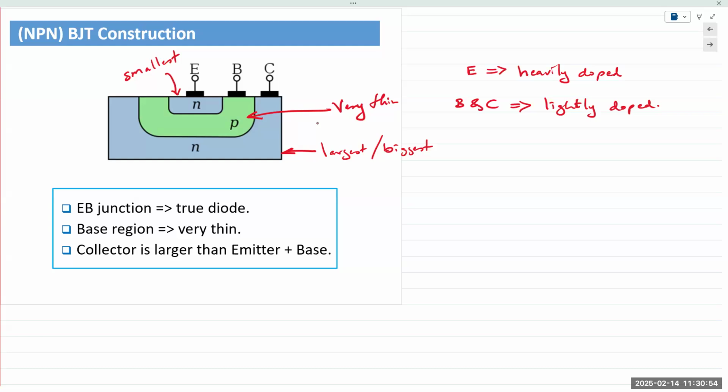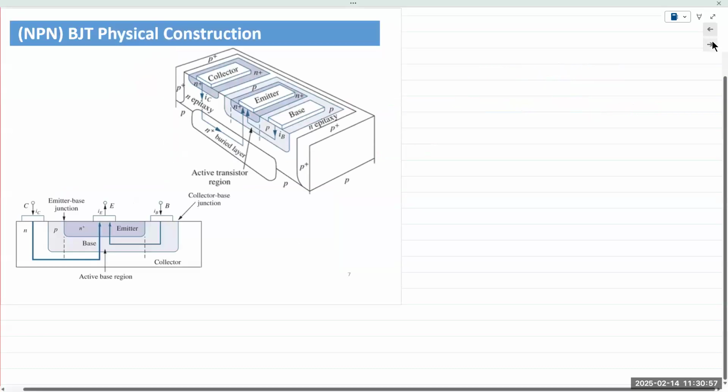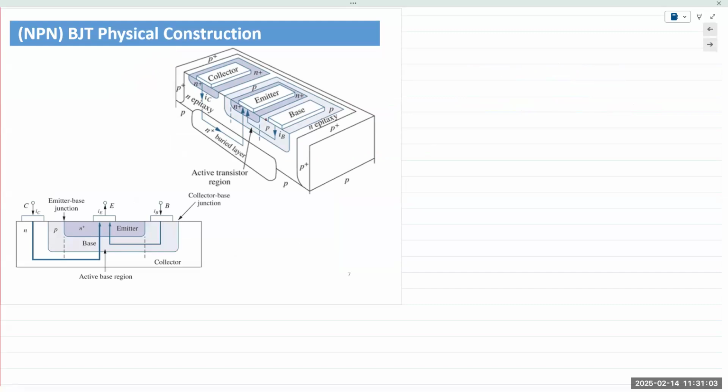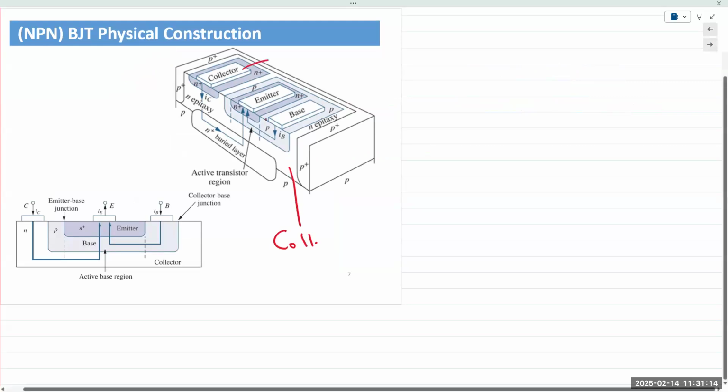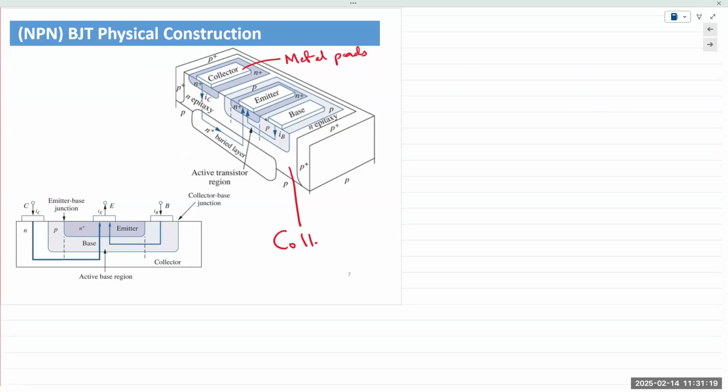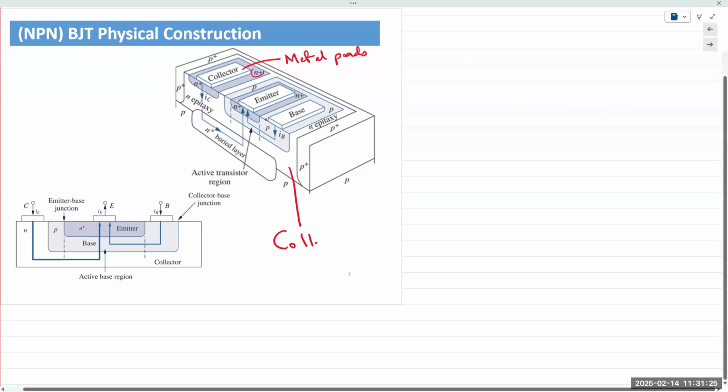So here's a three-dimensional view of the physical construction. We would have a collector. So all of this is the collector. These are just metal pads making contact with the structure. The actual device is right here where it says N plus. The N plus simply refers to the doping concentration.